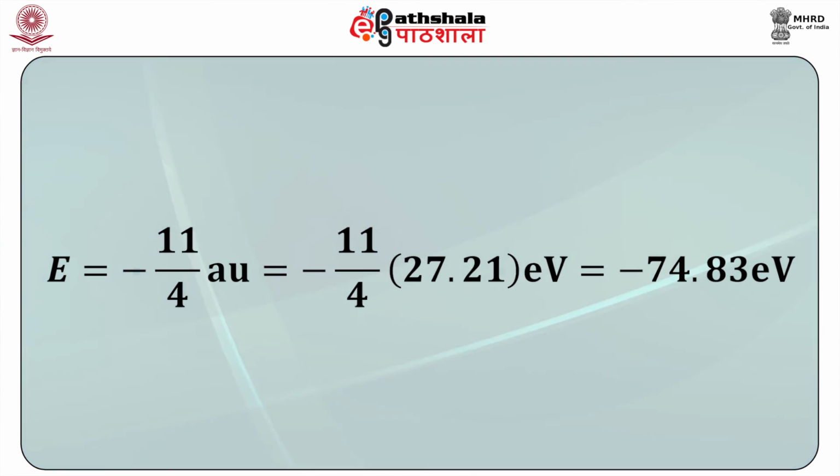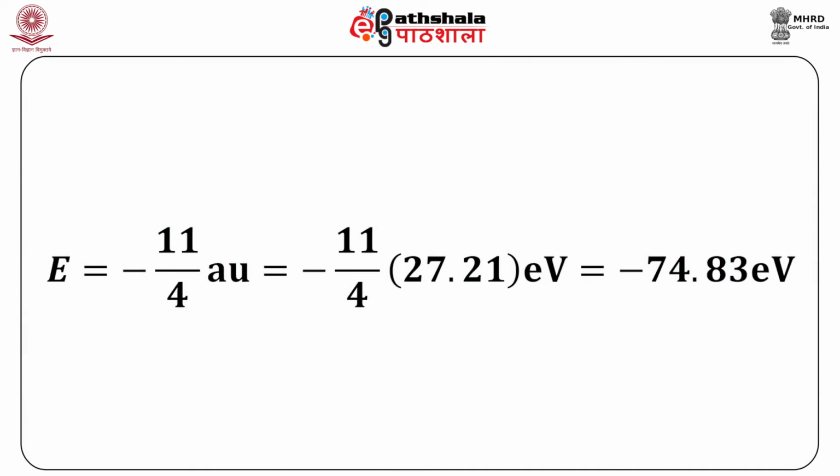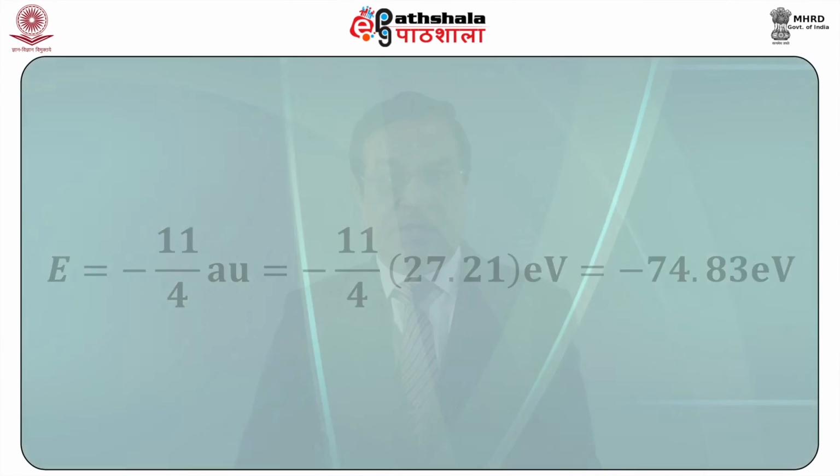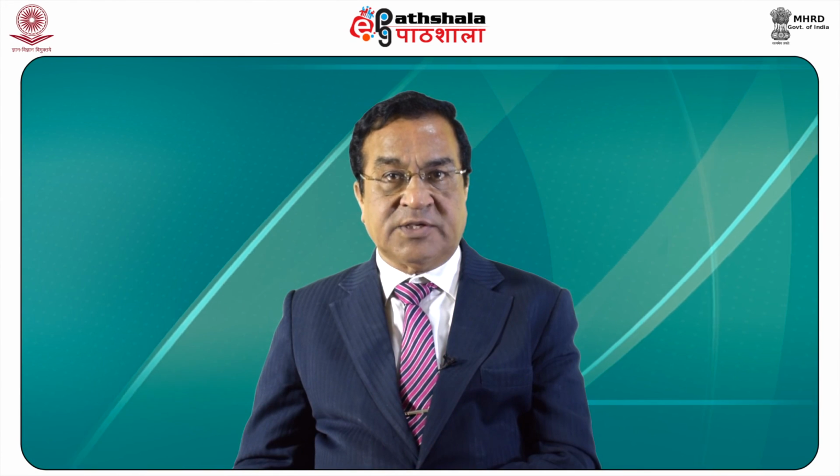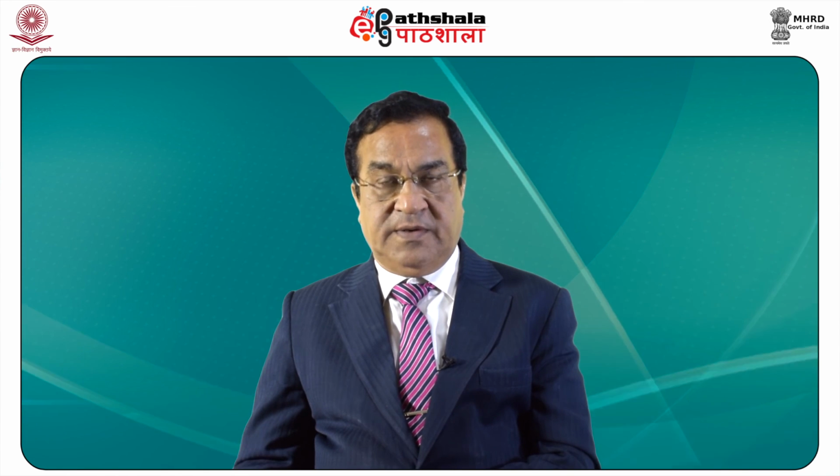We can also have this energy in electron volts, and the corresponding value would be minus 74.83 electron volt for the energy of the helium atom using perturbation theory, whereas the corresponding experimental value would be minus 79 eV.